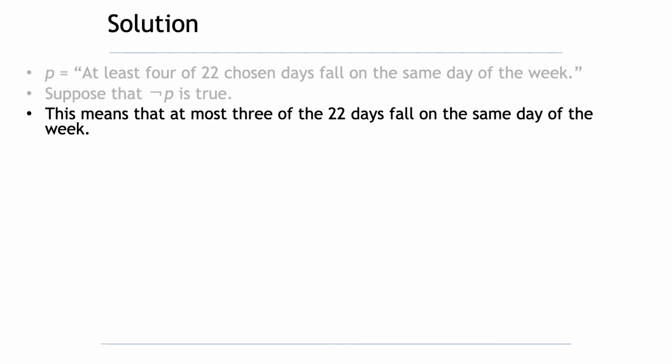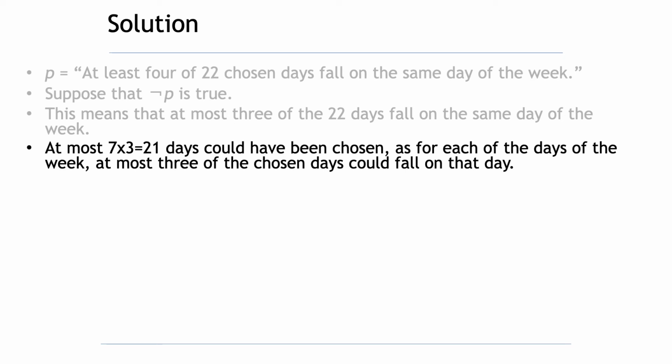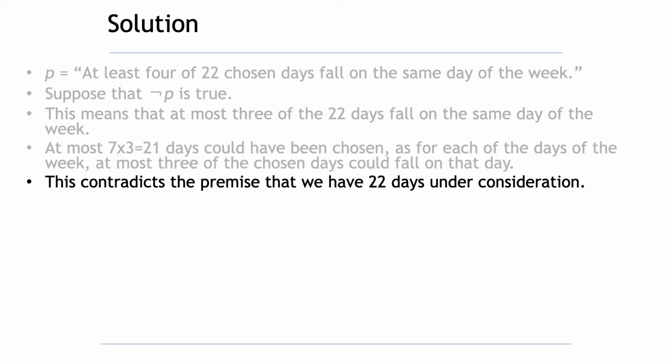This means that at most 3 of the 22 days fall on the same day of the week. If we choose at most 3 days for each day, and a week has 7 days, at most 21 days could have been chosen. At most 3 of the chosen days could fall on that day.